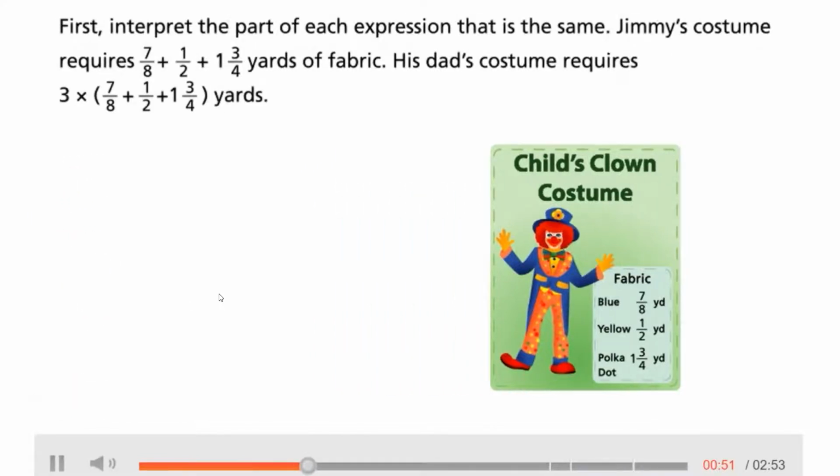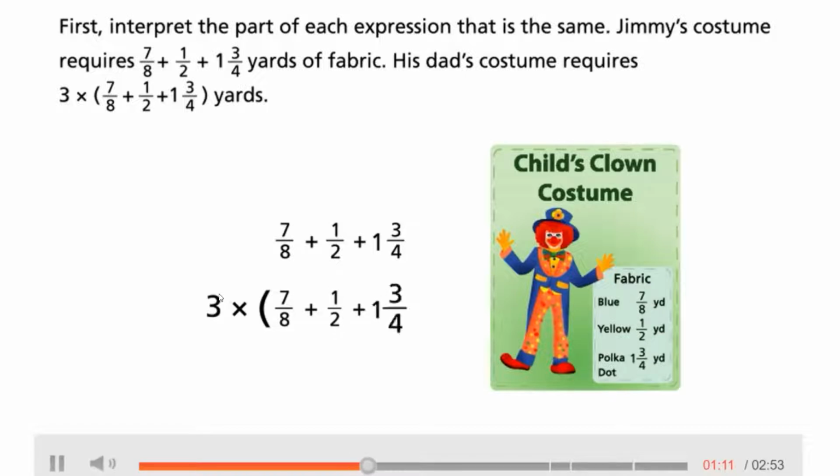First, interpret the part of each expression that is the same. Jimmy's costume requires 7/8 plus 1/2 plus 1 3/4 yards of fabric. His dad's costume requires 3 times (7/8 plus 1/2 plus 1 3/4) yards.